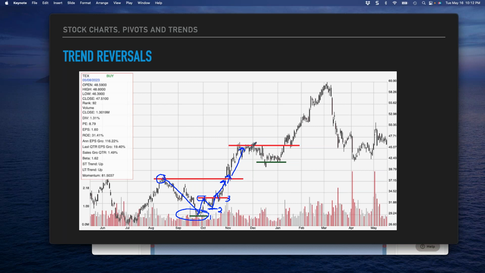Now, eventually it does fade back a little bit into December, but it finds this new level of support. We'll mark this as number 4 at around $42 roughly. It rallies, finds it's coming up on this previous pivot high again, previous resistance, breaks above it to identify an opportunity where a trend continuation will come.